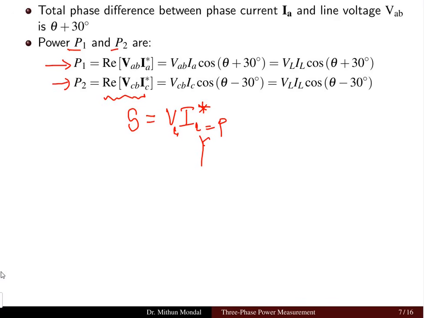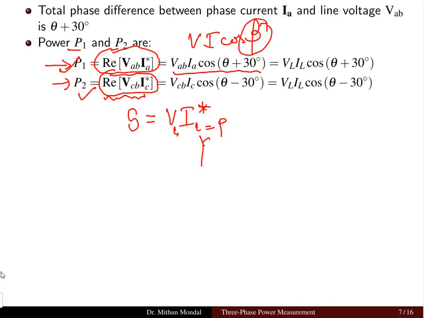So the real part of VAB IA conjugate gives P1 and the real part of VCB IC conjugate gives P2. This is nothing but VAB IA cos(theta plus 30 degrees). Why do we say this? Because the general formula is V I cos phi, and this phi is nothing but theta plus 30 degrees. This is the line voltage and this is the line current.